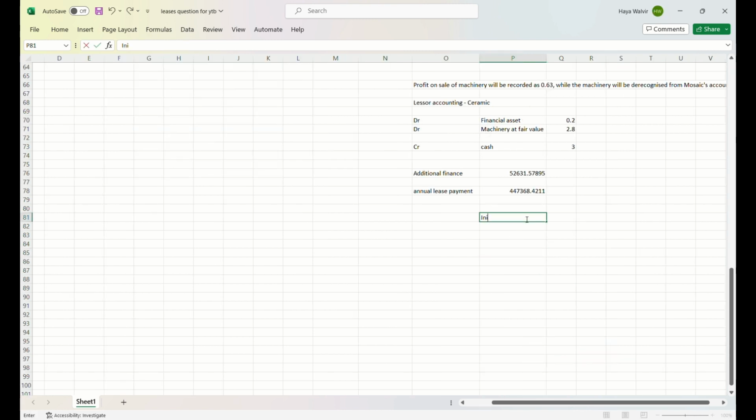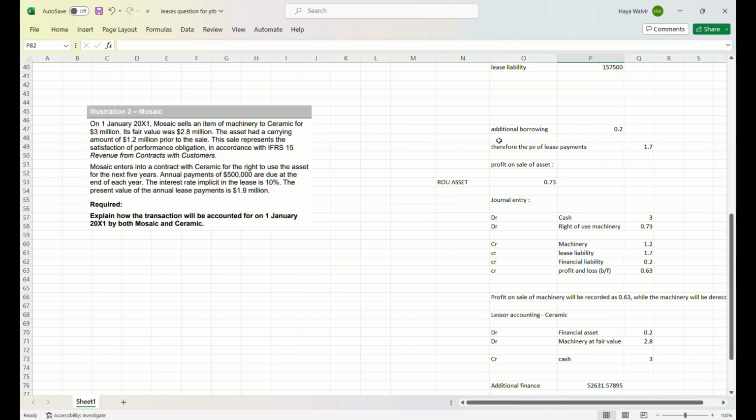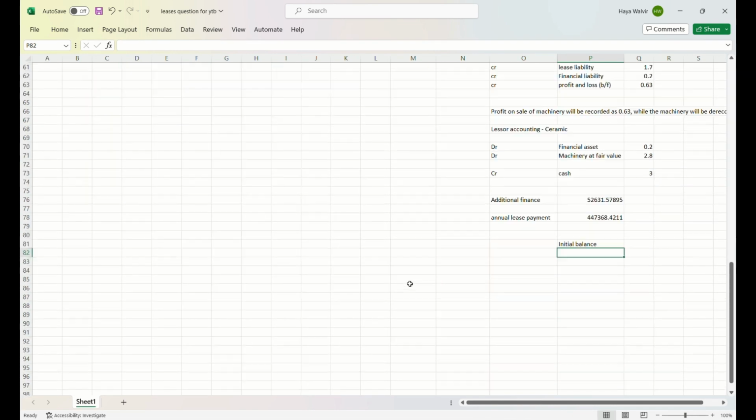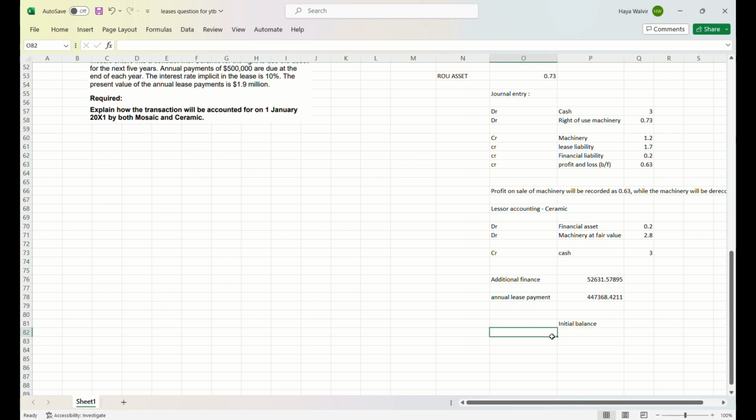So now, just for your reference, I'll calculate the lease payments, the balance and so on. Since it's in arrears, and I have already shown the question above related to advance, I want to show it in the context of arrears and how Mosaic will treat the lease payments in its accounts for the year ending. Actually, the question is just for year starting, but just for extra, I'm also doing it for year ending.